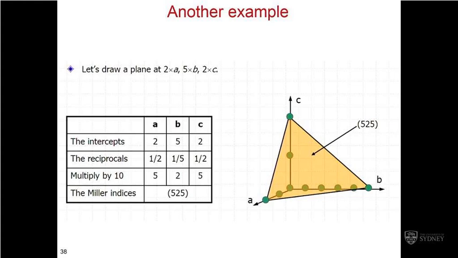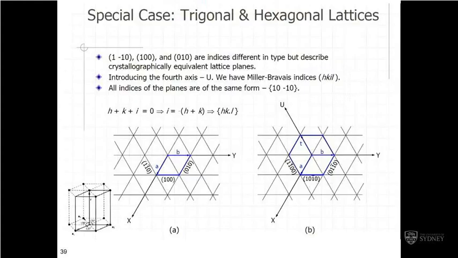Another interesting thing is if you've got a hexagonal lattice, what people normally do is the following. You're looking down on the plane, and you've got the c-axis coming out here.